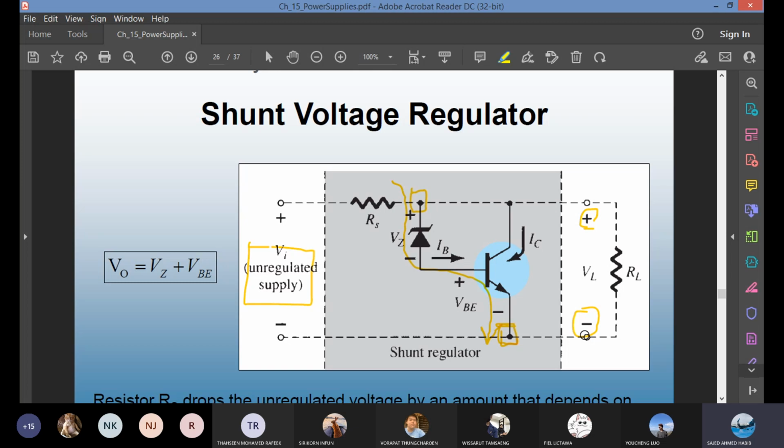This is how the system works. So a reduced base current to Q1 results in shunting less collector current, because of this connection. Thus, the load current is larger. The opposite will happen in the opposite situation.